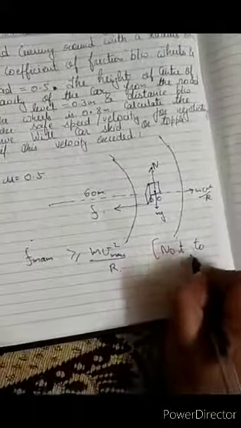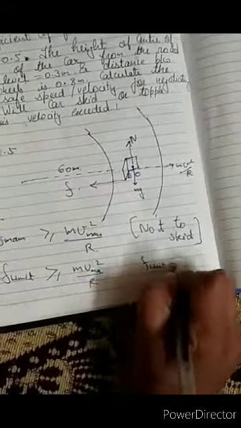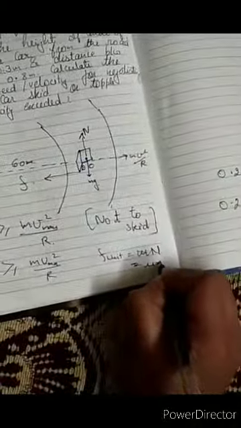Now Fmax is equal to F limiting, because maximum friction is limiting friction, which must be greater than or equal to mVmax square by r. But what is the value of F limit? F limit is equal to mu into N, and N is equal to mg. So mu mg.